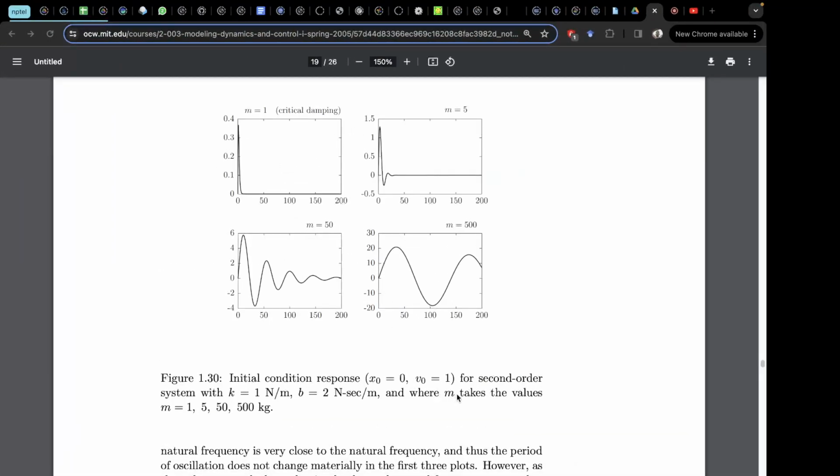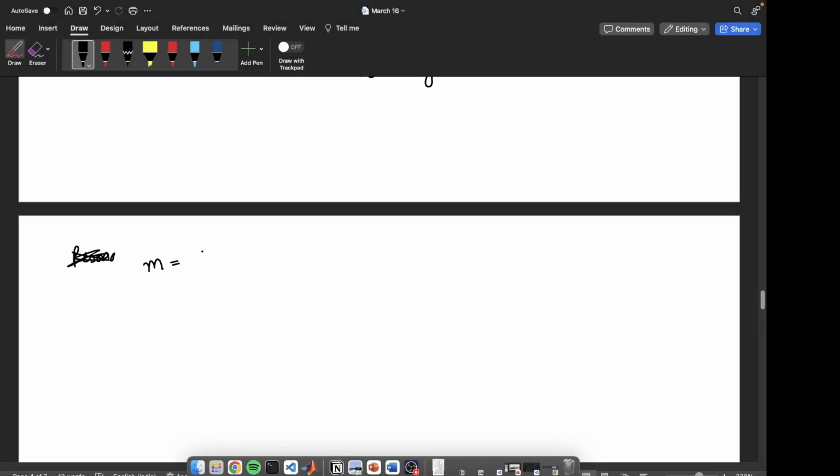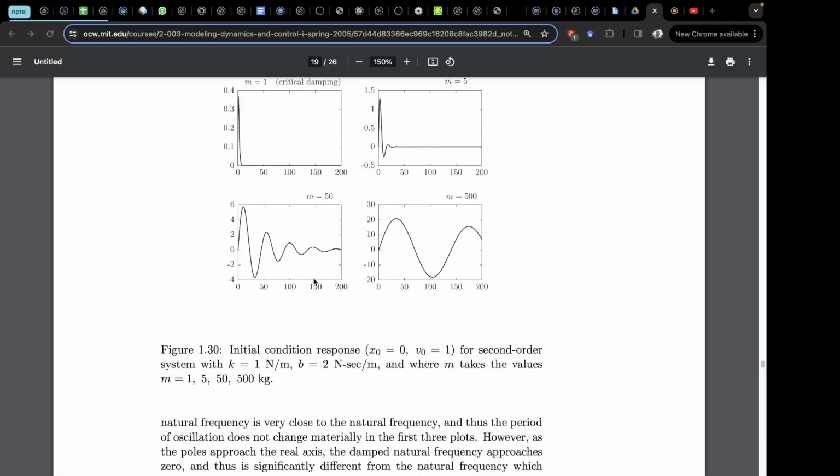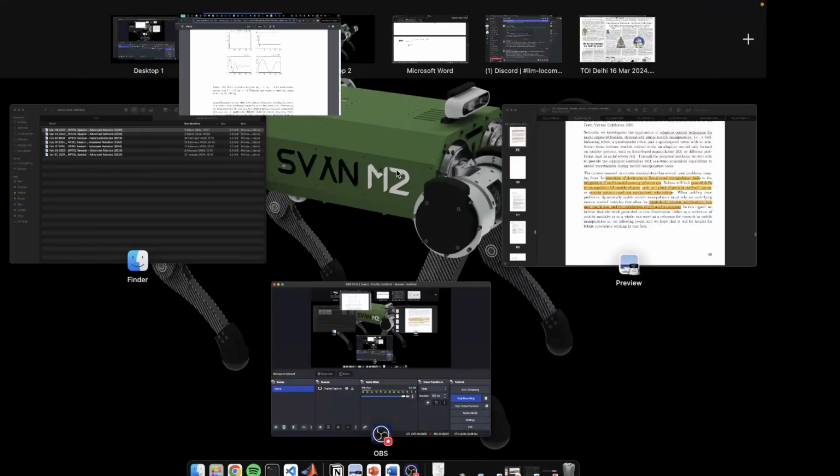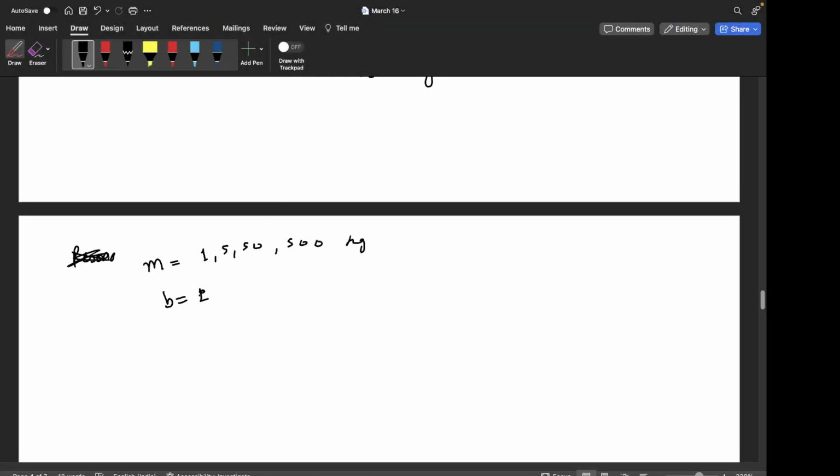So M is 1, 5, 50, 500 kg. And B is 2 and K is 1. Okay, so Xi1 is B1 by 2, B is the same, so 2 root K M1.